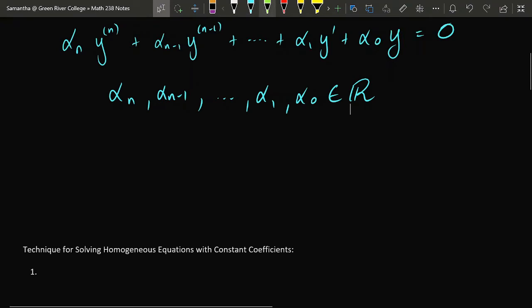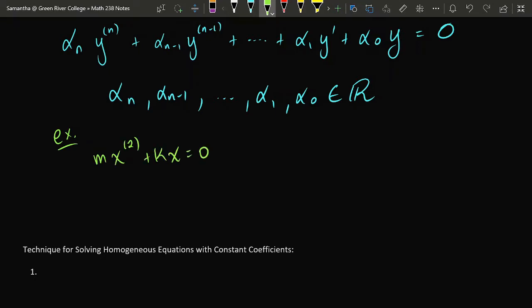So some examples of homogeneous equations with constant coefficients. Both our spring mass equation and our RLC equation were homogeneous with constant coefficients.